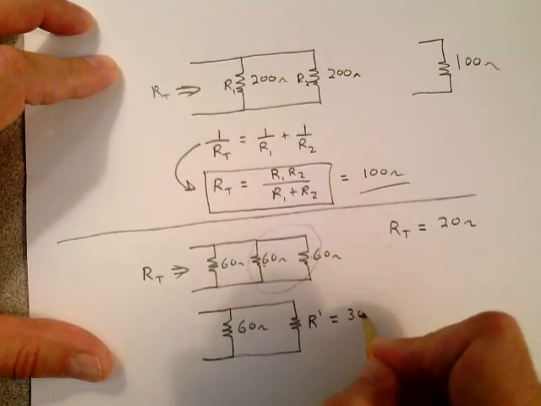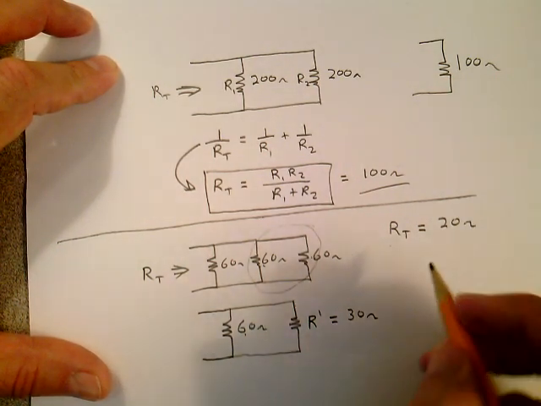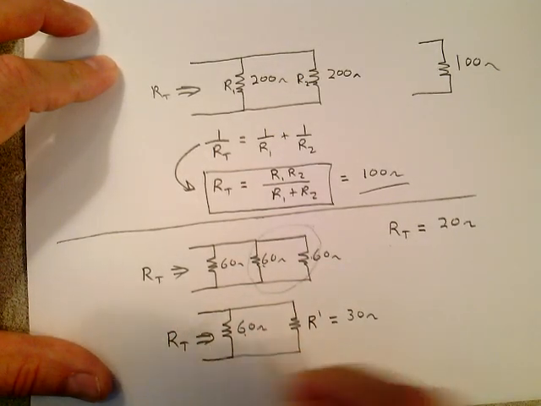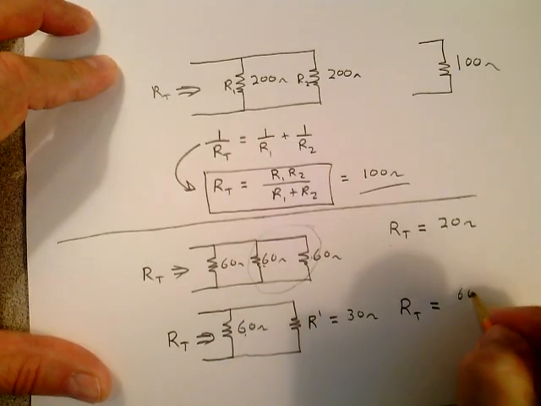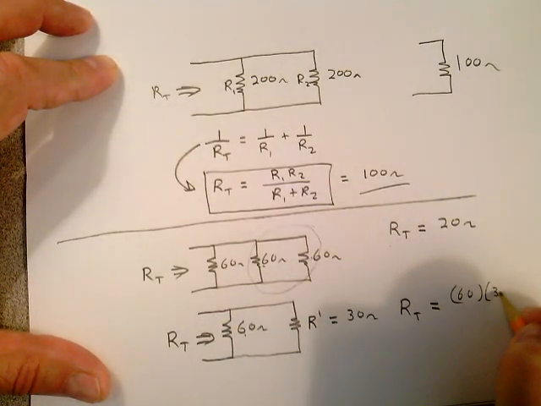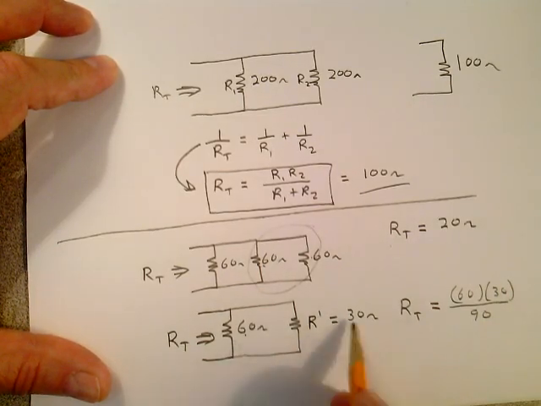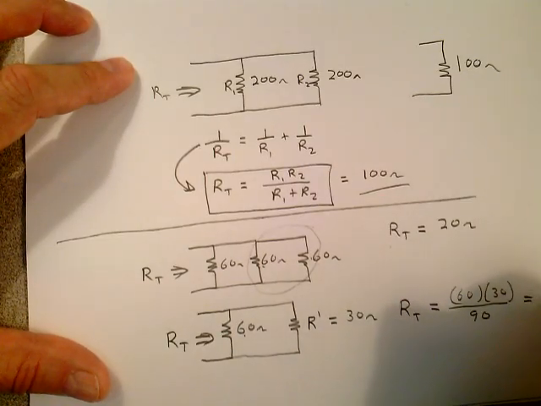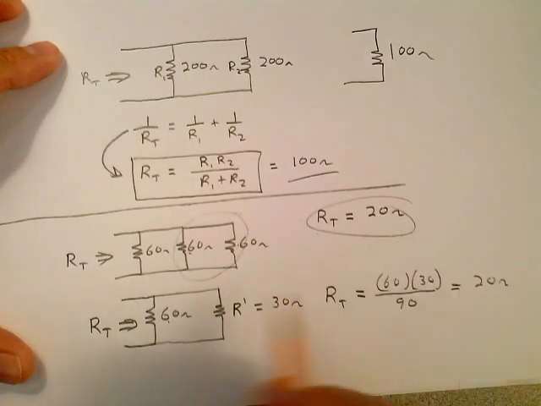That's 30 ohms. So now you have 30 ohms in parallel with 60 ohms. So how do you boil that down to one resistance? Well, now you can calculate our total as a product over the sum, and it'll be 20 ohms. Either way you're going to get down to 20.